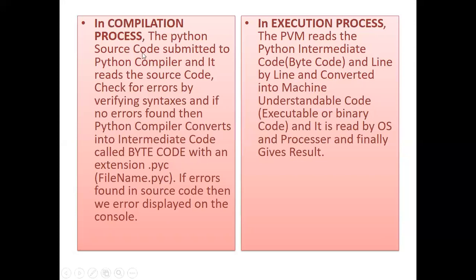Python source code is submitted to the Python compiler, and it reads the source code and checks for errors by verifying the syntax. And if no errors are found, please remember, it will only save the code if there is no error. The Python compiler converts it into the intermediate code, that is a bytecode with an extension .pyc.